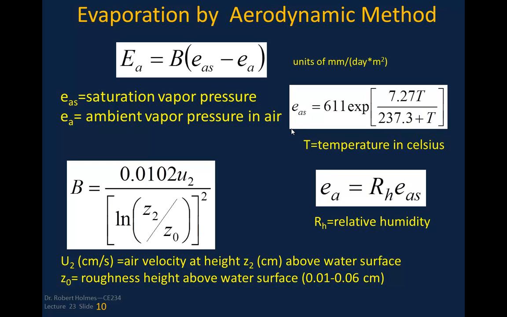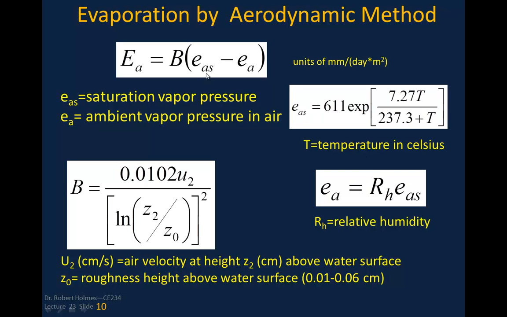You can calculate this saturation vapor pressure by this equation here, which is 611 times the exponential of 7.27 times T, where T is the temperature of the air in Celsius, divided by 237.3 plus T. So that's your saturation vapor pressure. And then your ambient vapor pressure is simply a direct proportion to the relative humidity times the saturation vapor pressure.